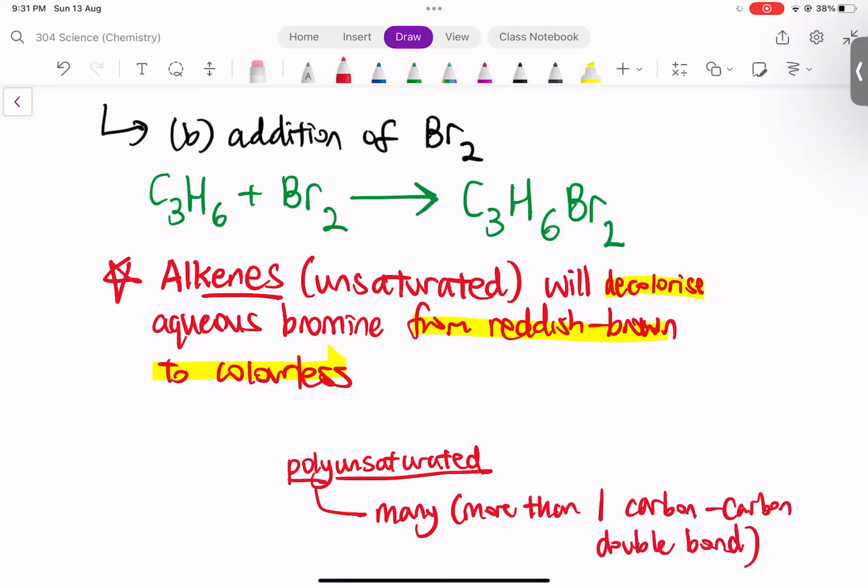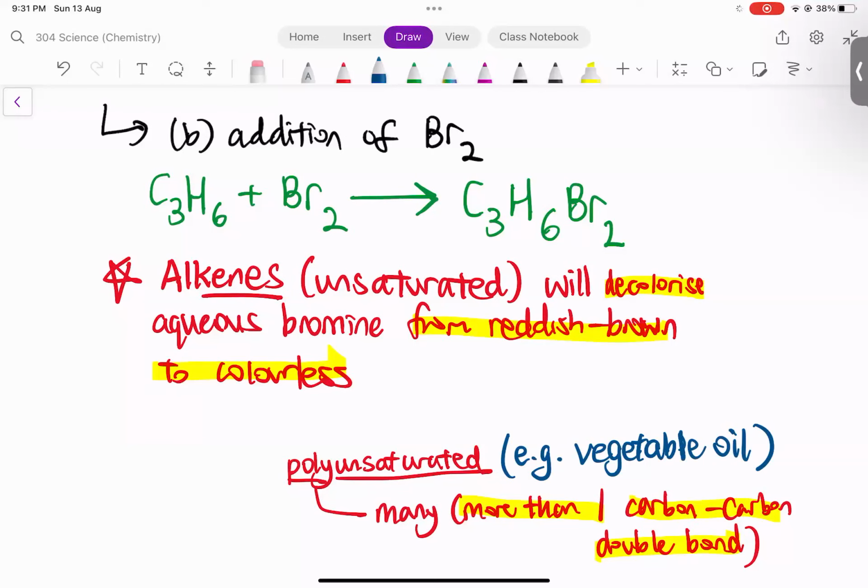So the word polyunsaturated means the compound contains more than one carbon-carbon double bond. What is an example of something which is polyunsaturated? The best example is vegetable oil. Vegetable oil contains polyunsaturated fats. This means that the fats contain more than one carbon-carbon double bond.